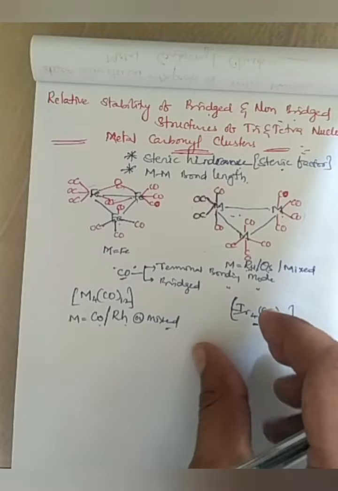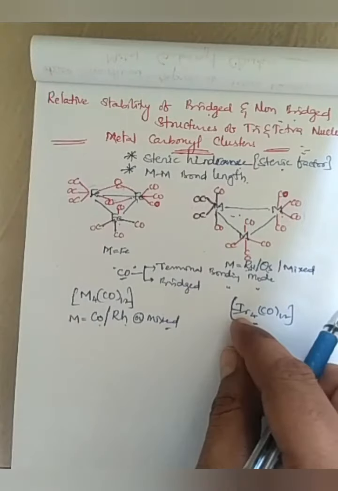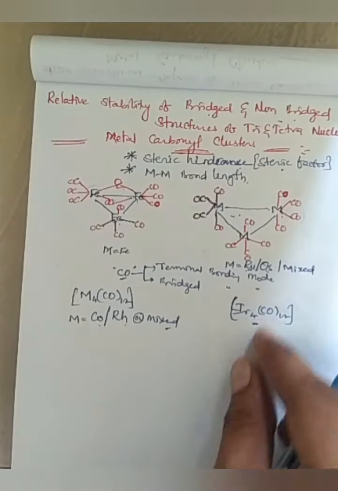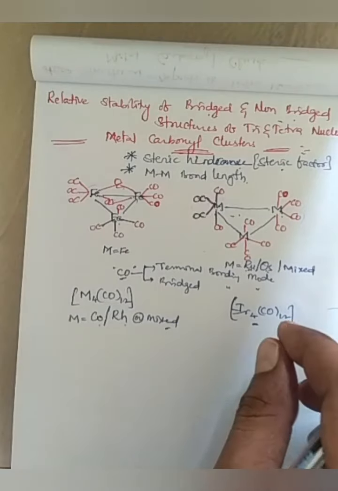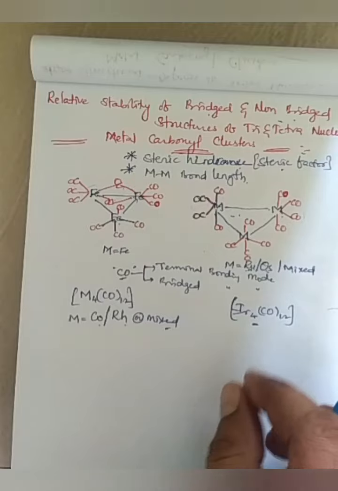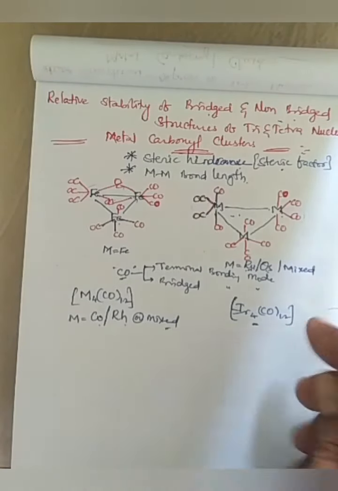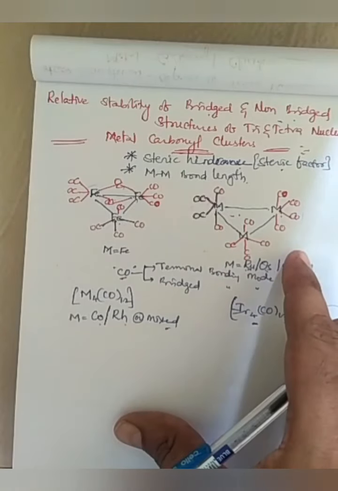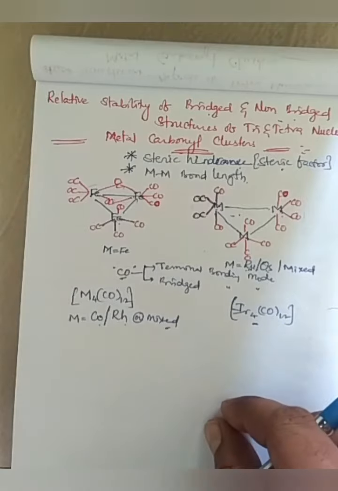As the size of iridium is enlarged, the four sides of the tetrahedral structure of this molecule will have steric hindrance from one part to the other, and they will go far away from one another.